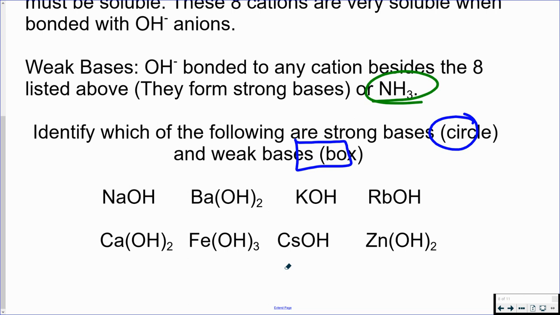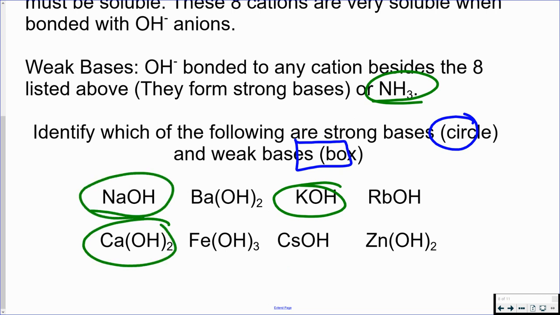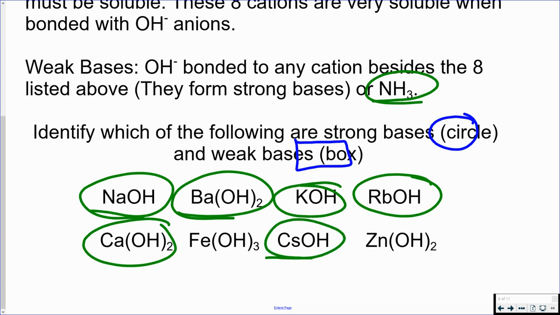All right, let's double check them. Strong bases are circled. That would be potassium, calcium, sodium, barium, rubidium, and cesium, and then all the other ones would be weak.